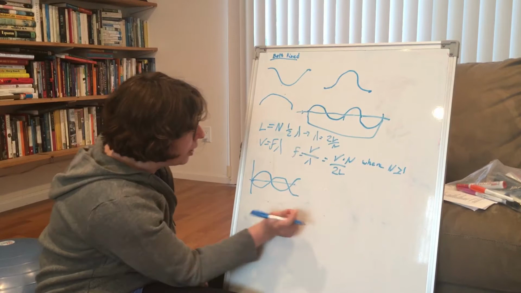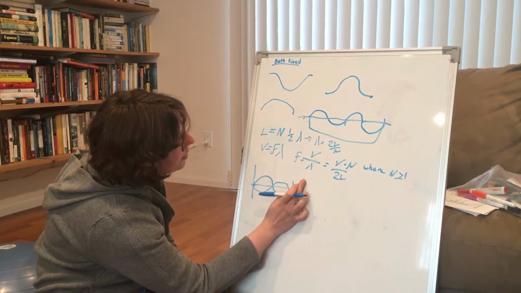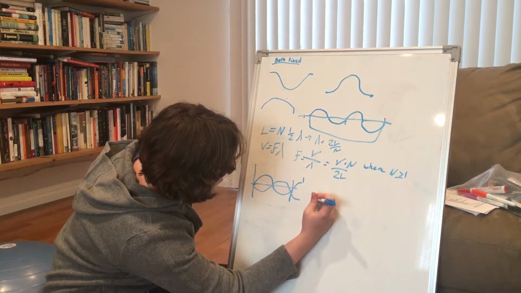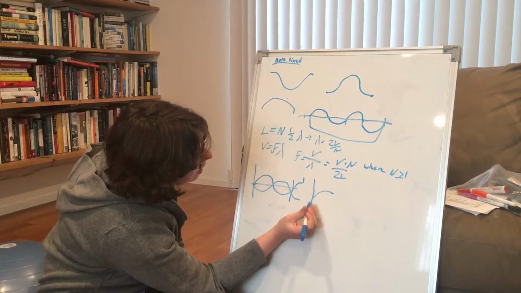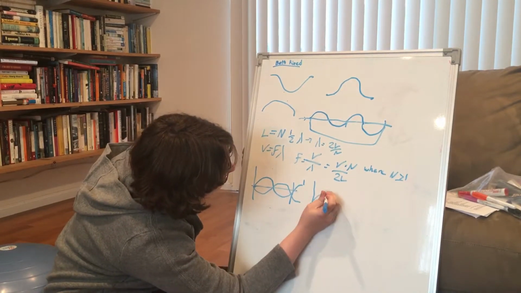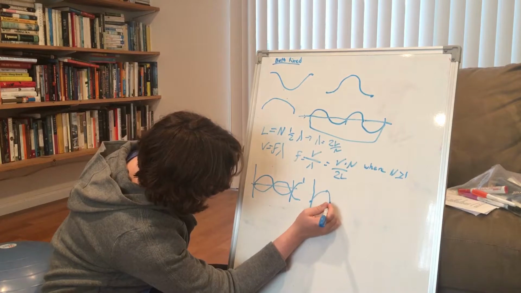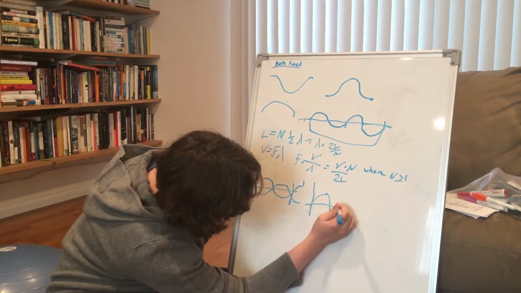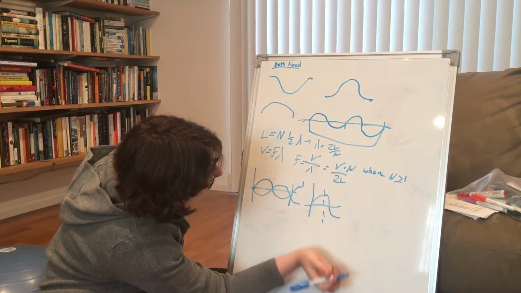So we can see that we're always going to have this quarter wavelength sticking out, because our lowest state is going from that to the maximum. Our second lowest state still has to have that flick at the end, so it's going to be that. Therefore this is 3/4 wavelengths.